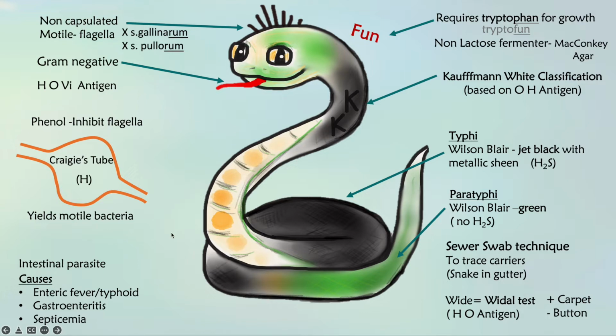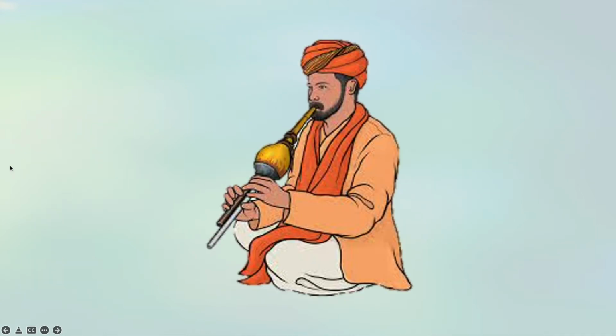So when we culture Salmonella, there's often phenol in the media that inhibits flagella. Therefore, we cannot obtain motile species when there's phenol present in the culture. So to prevent that, we use the Craigie tube. Craigie's tube I have represented in the form of a been. A been is a musical instrument that snake charmers use to coax the snakes into dancing.